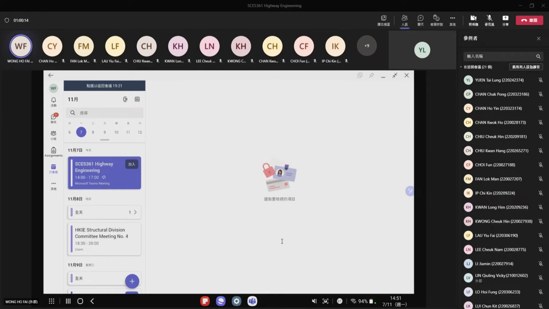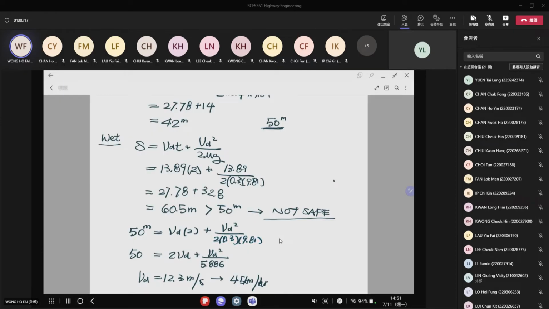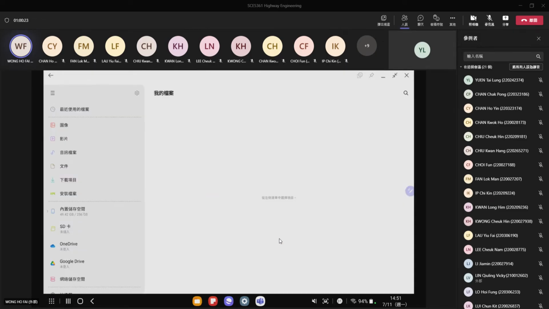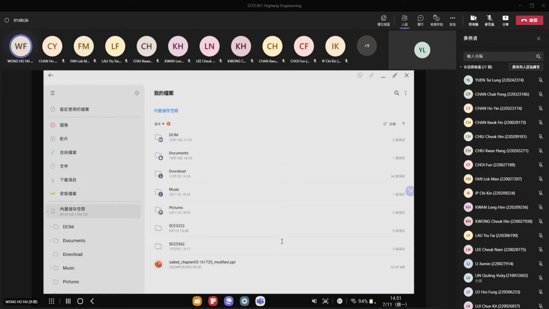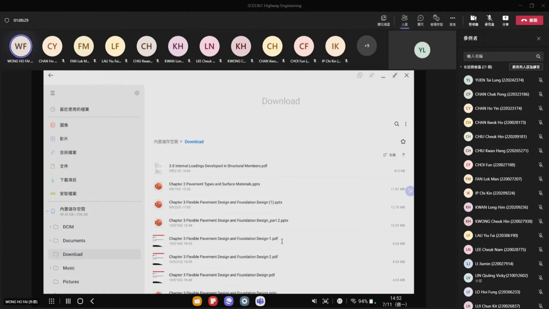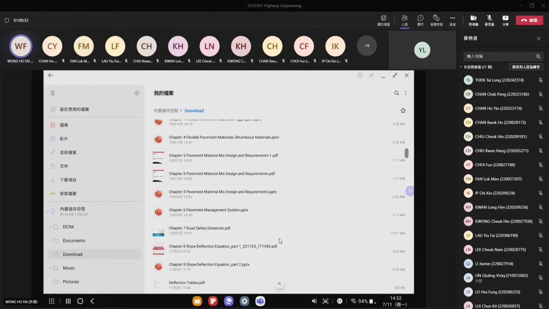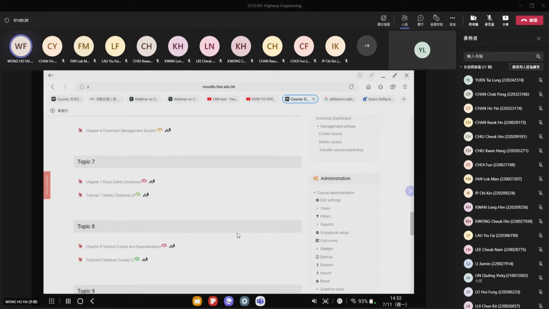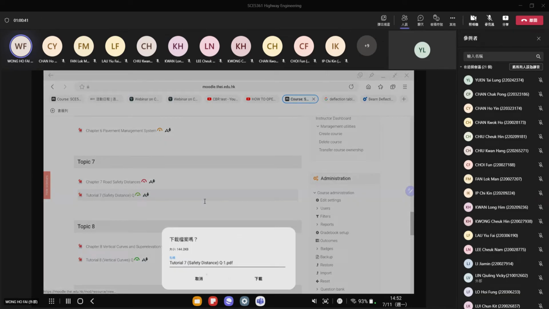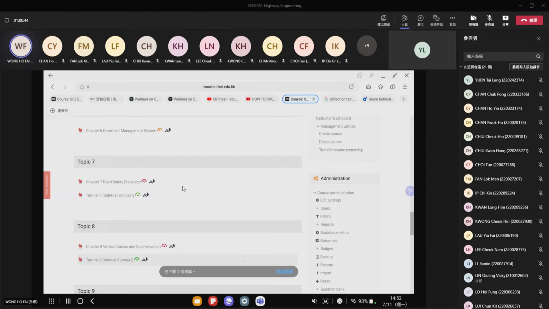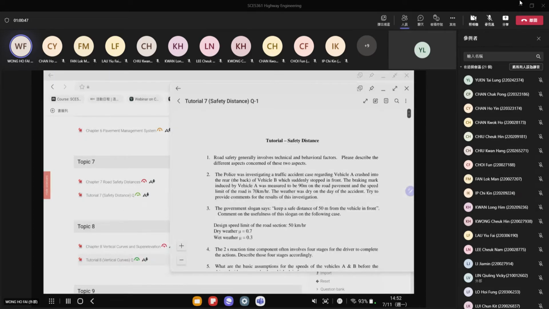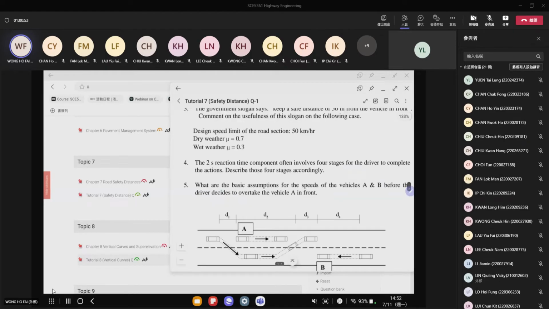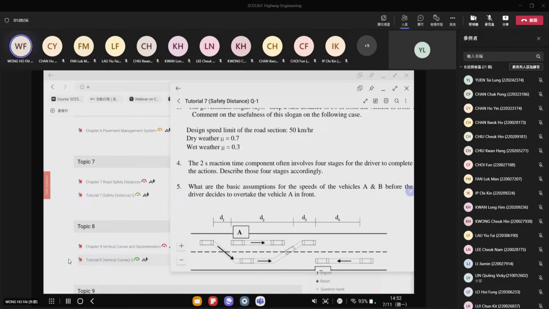And then for the reaction times, actually sometimes we already mentioned that it involves several conditions. Here, actually, you have so-called four stages for your reaction time. You should still remember.